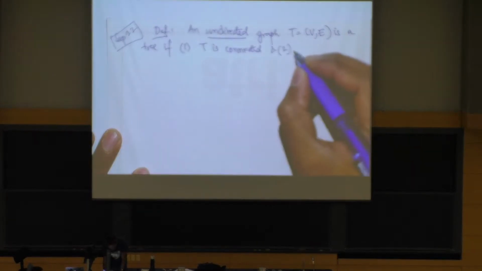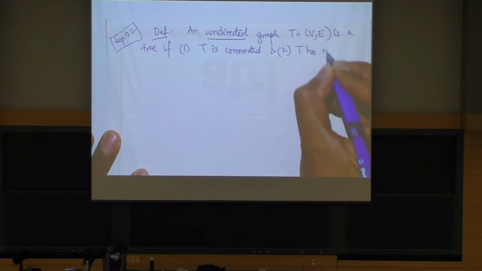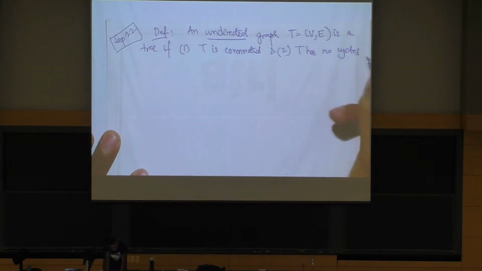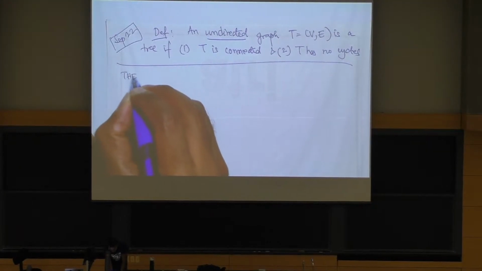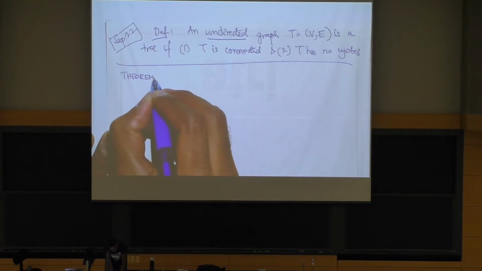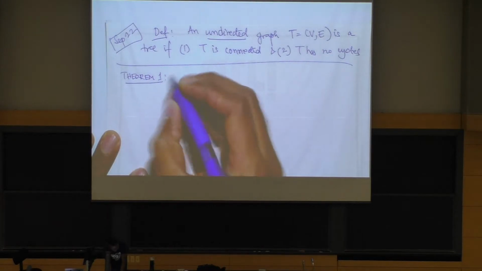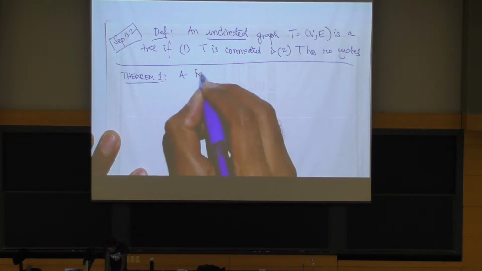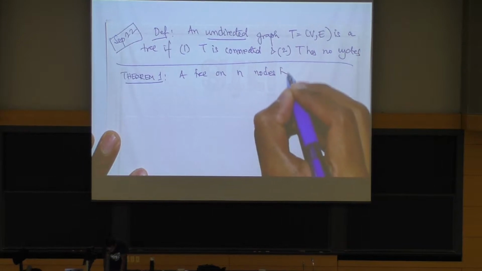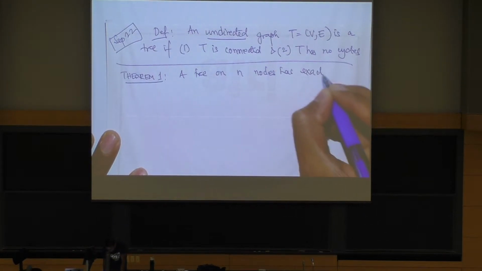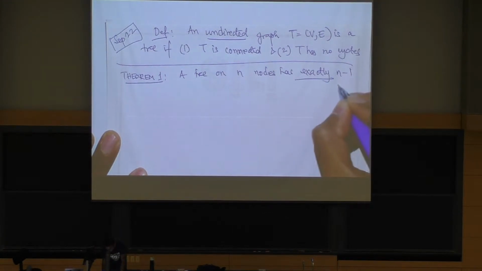And two, T has no cycles. And the result that we want to prove today is a tree on n nodes has exactly n minus 1 edges.